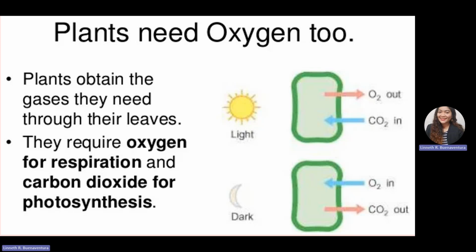During the daytime, carbon dioxide enters and oxygen leaves the plant. During nighttime, oxygen enters and carbon dioxide is released. This requires oxygen for respiration and carbon dioxide for photosynthesis.